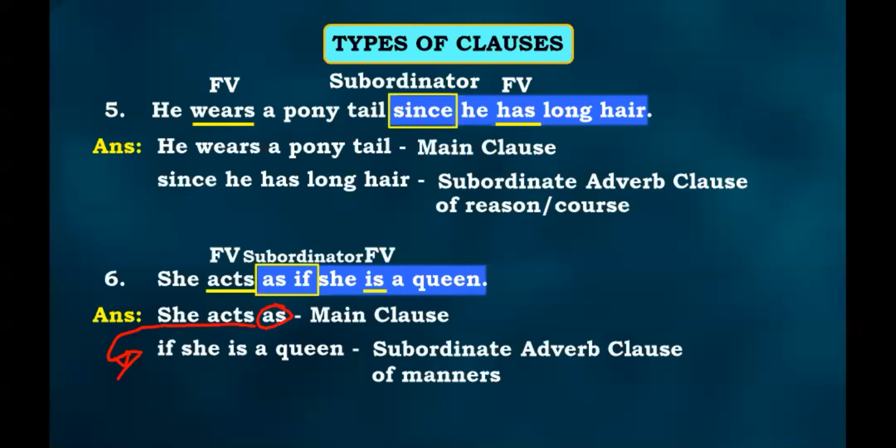So ये हुआ and after that this action was followed. So ये चीज करने का result क्या आया? ये आया. For example, you studied very hard. So the result was you passed with flying colors. So result. One action leads on to the other action.